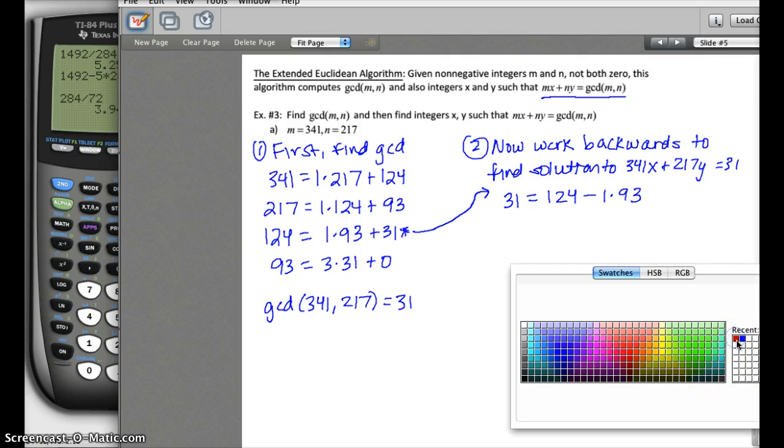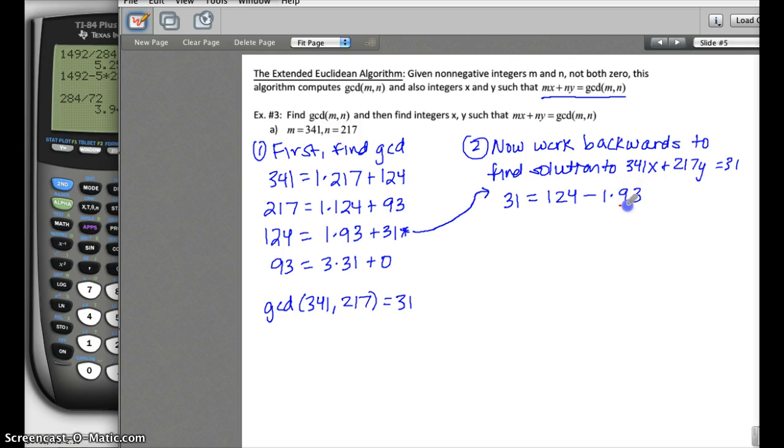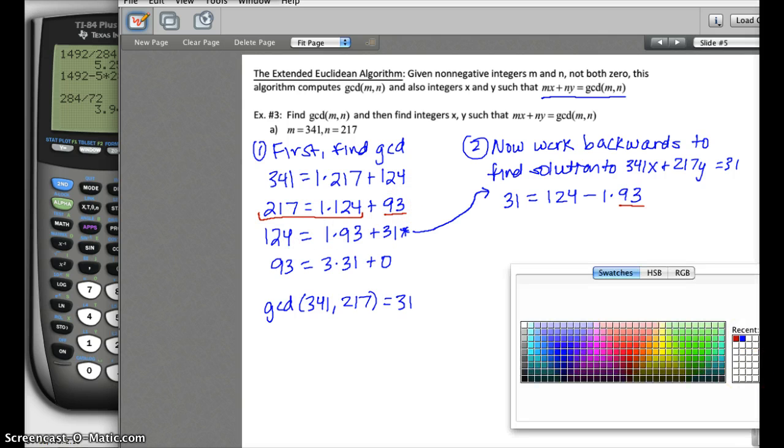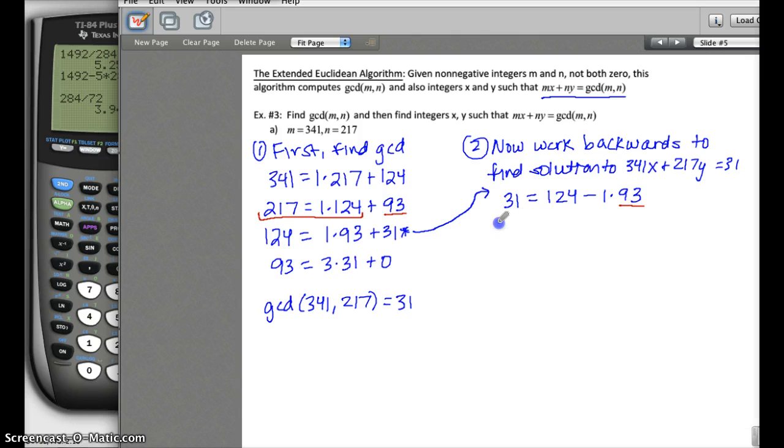So now we're going to go backwards again. This 93, I want to look at that one. I can rewrite 93 using these two terms: 93 is equal to 217 minus 1 times 124. So I'm going to replace this 93 using this line of my Euclidean algorithm. So I still have my 31 here, I still have my 124, and in place of the 93, I'm going to write 217 minus 1 times 124.